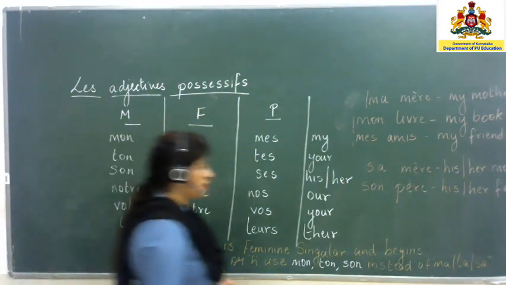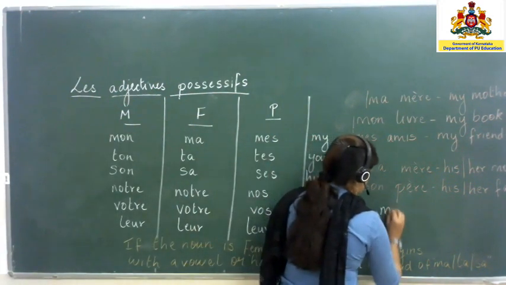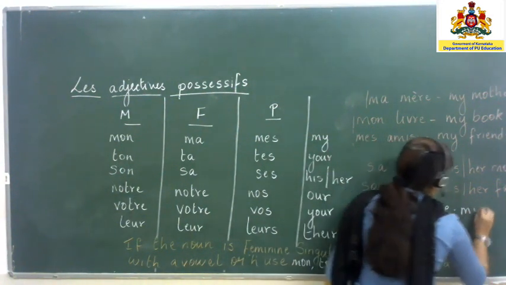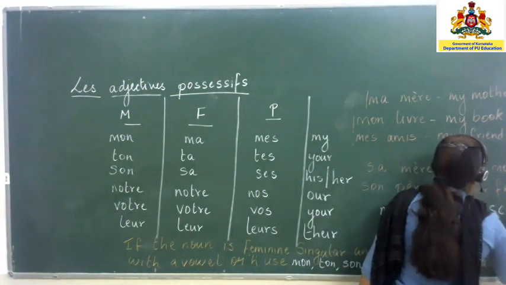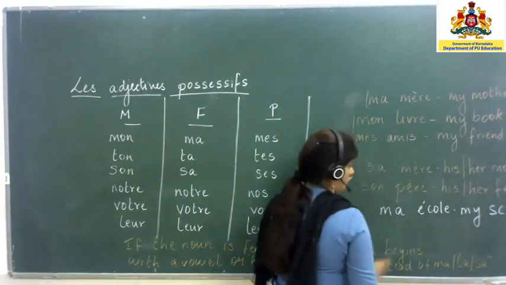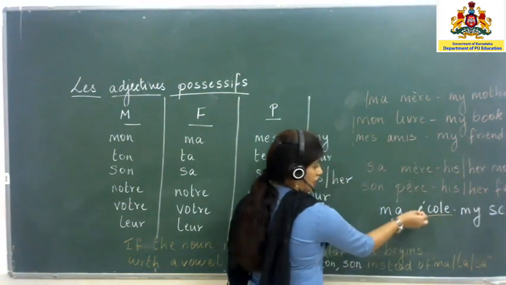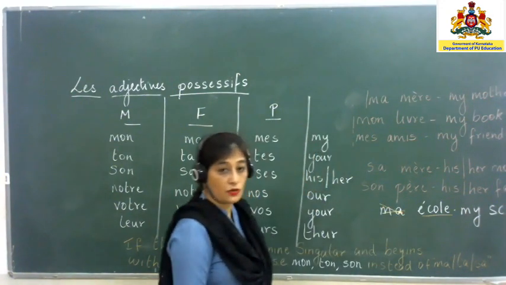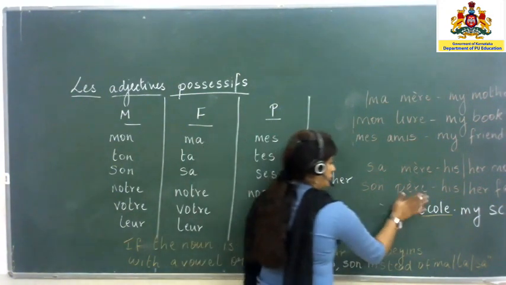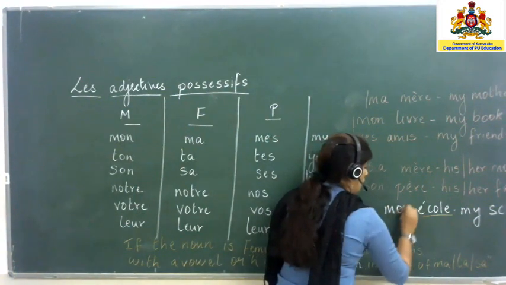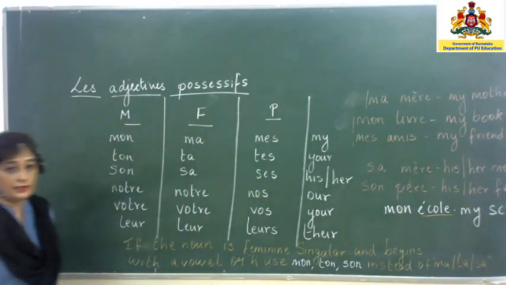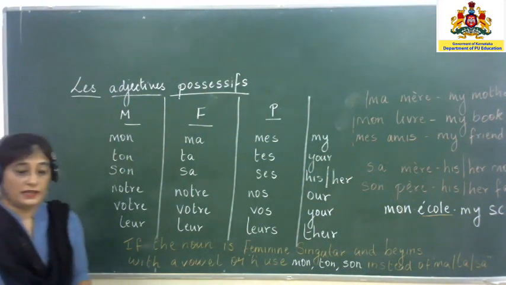What do I mean? I want to say my school, mon école, my school. Now the word school is feminine, we know it, and it starts with a vowel. I cannot use M-A, it's wrong. Instead, I should use M-O-N. That's what my exception rule tells me. I hope that is understood.